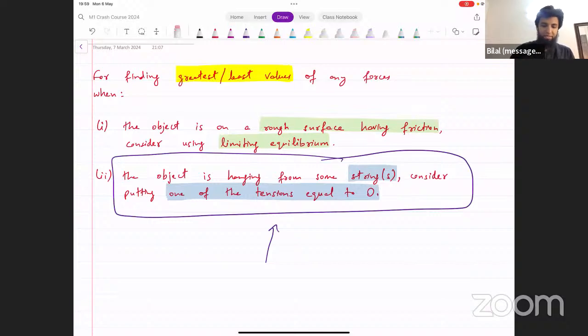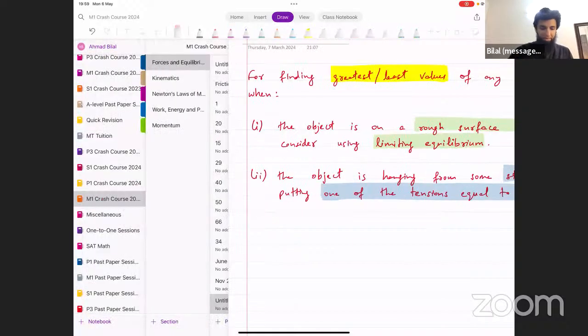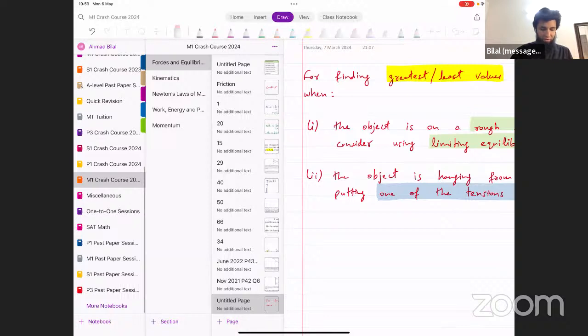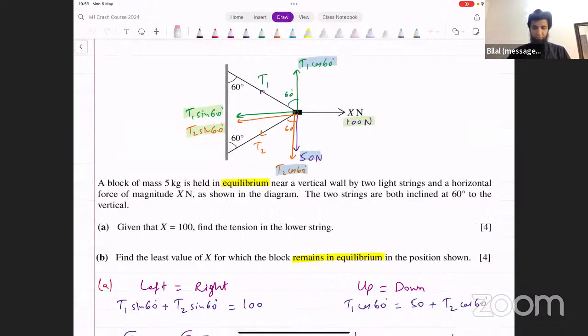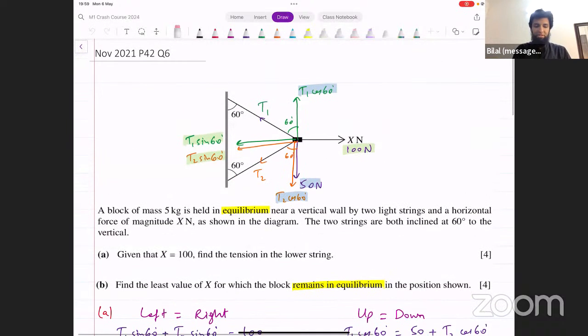Now, let me show you a question like that. Again, I included that in that video, forces and equilibrium difficult questions video. Let me show that to you here. It should be, yeah, right here. So cases like these. This is November 2021, paper 4, variant 2, question number 6. In the second part, you see what they're asking for.